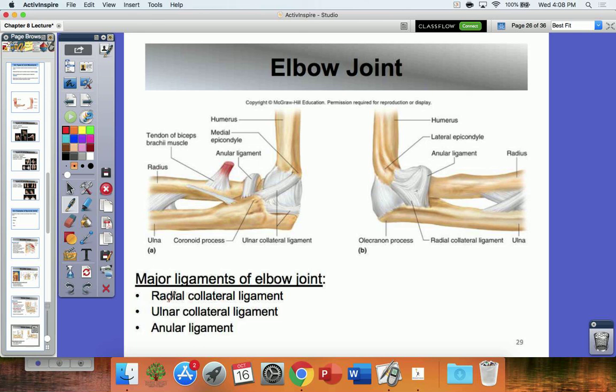Radial means the radius, and collateral ones are towards the side. Then our ulnar collateral ligament on the ulna, towards the side, and the annular ligament as well. It anchors all the way around both of those, kind of holding them together.